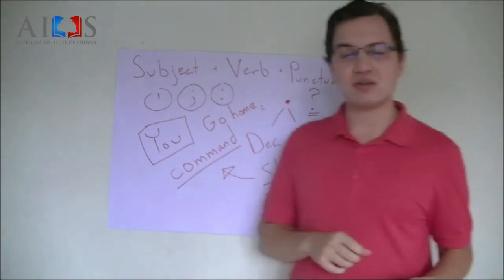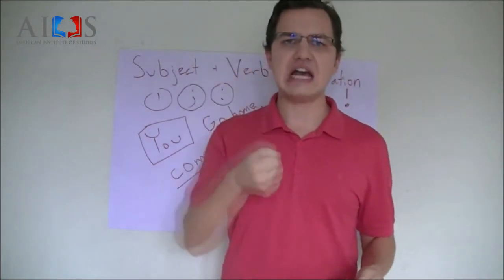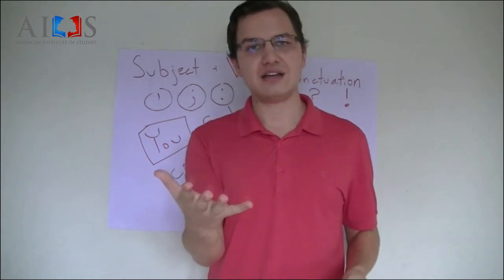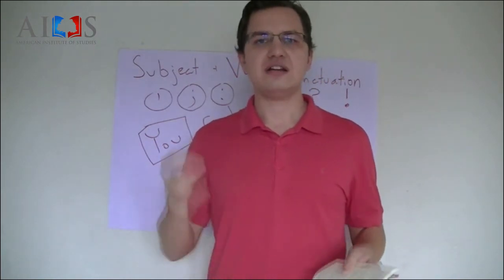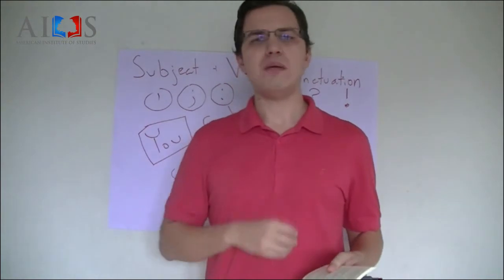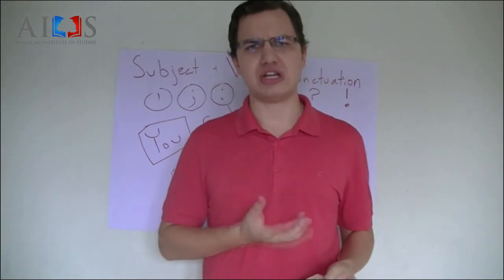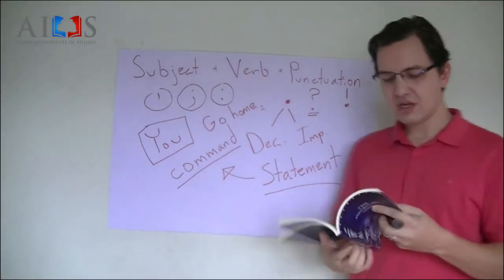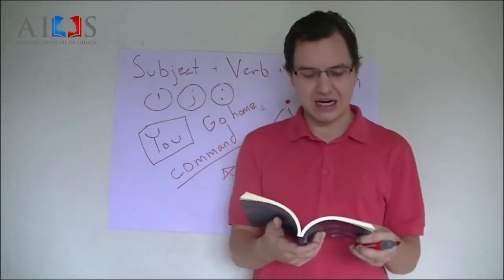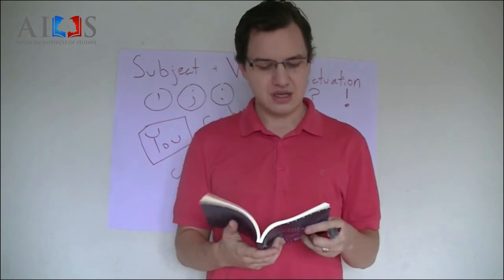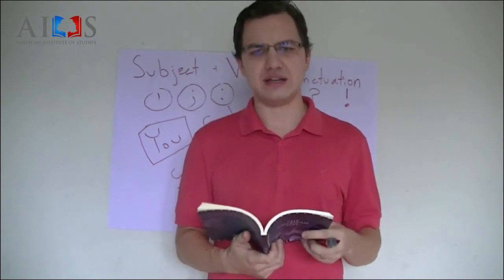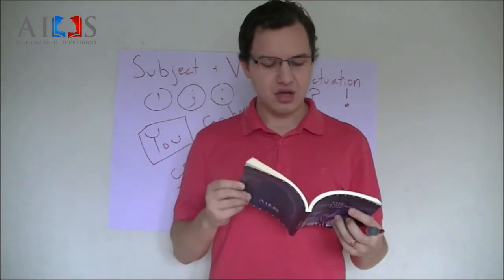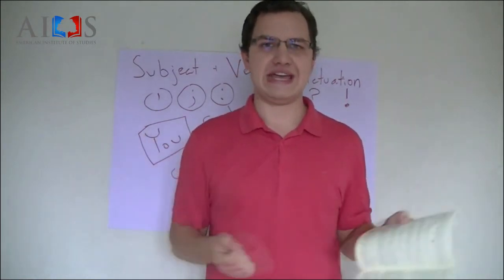Now exclamation points give a lot of emotion. Can be happy, sad, angry, disappointed. Any strong emotion uses an exclamation point. Look at the examples at the bottom of page 88. I'm so angry. Get away from me. What a beautiful day.